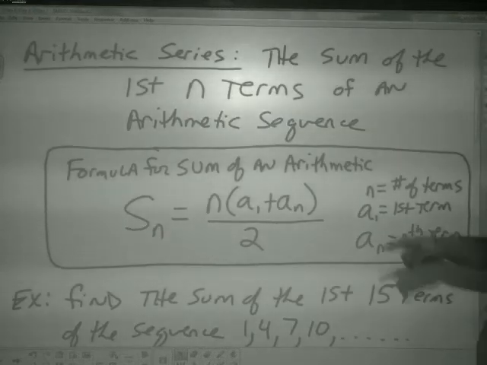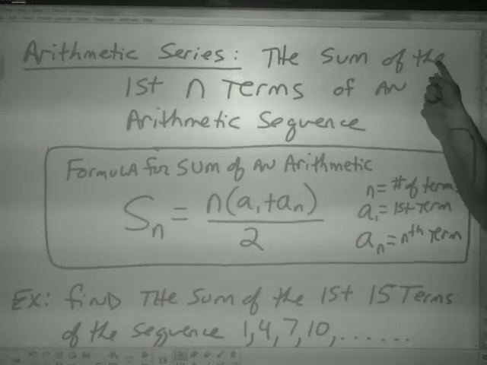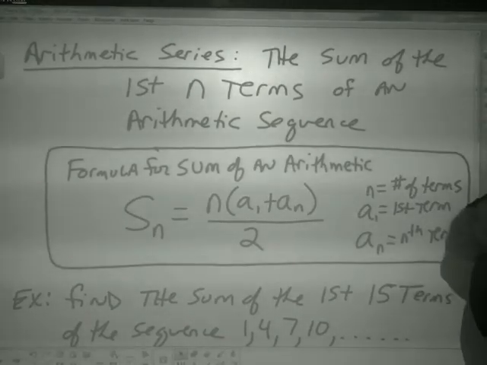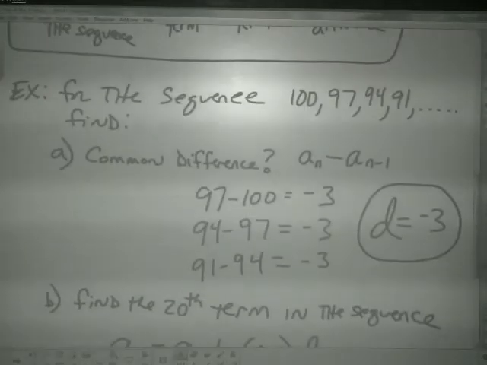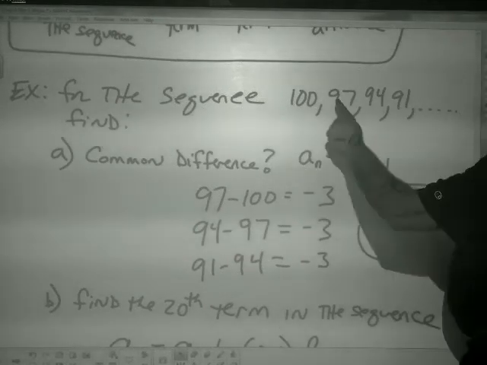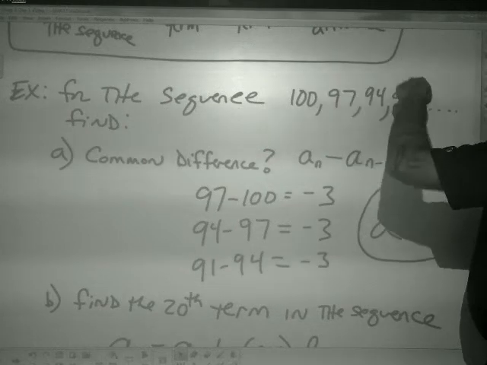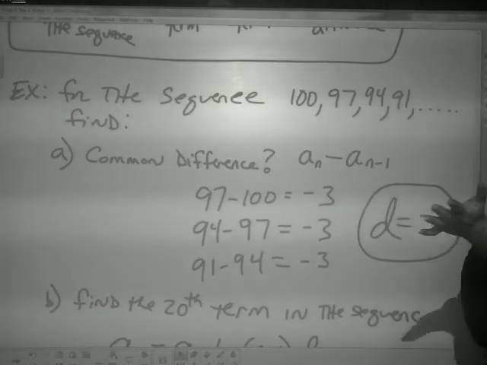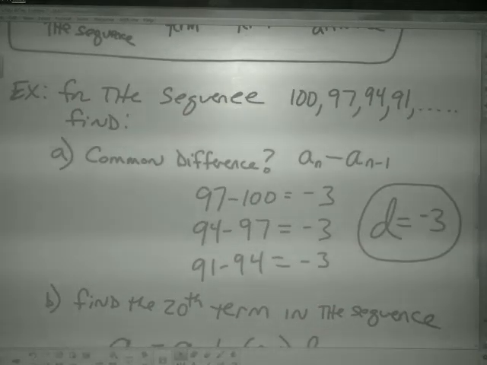An arithmetic series is the sum of the first n terms of a sequence. So if I say I want an arithmetic series for the first 4 terms, I add these up, and that's an arithmetic series. It would be the sum of, and I have to pick the number of terms, but if I picked 4 terms, I would take those 4 numbers and add them up.